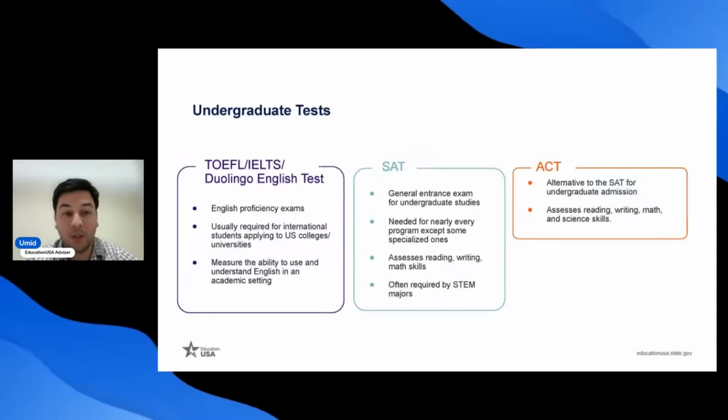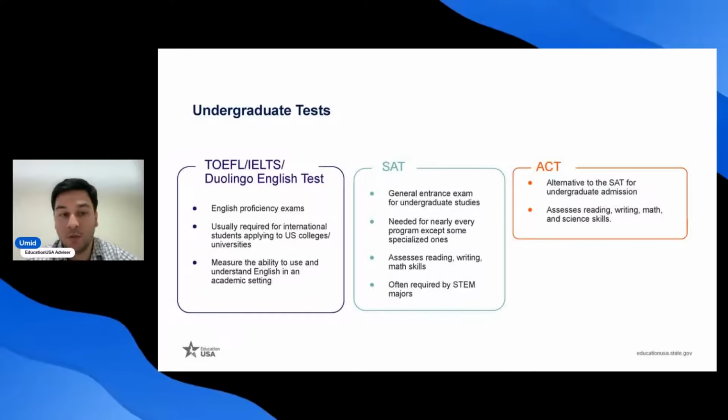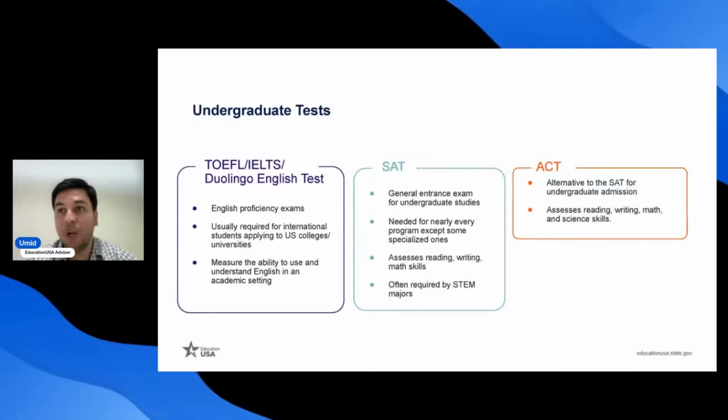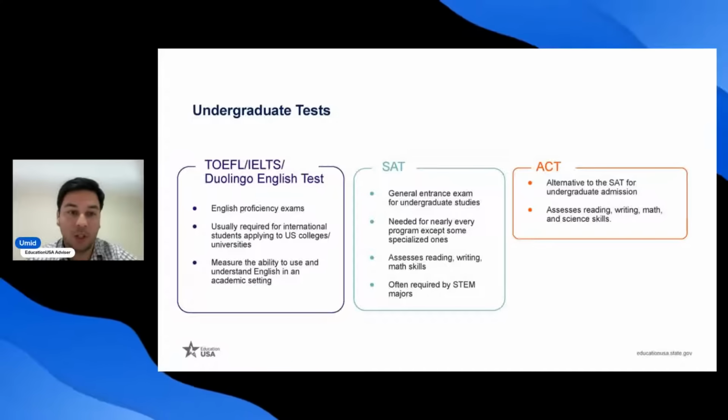First, the language tests are TOEFL, IELTS, and Duolingo. They check your English proficiency, because you're going to study in the United States and your main language of communication will be English.